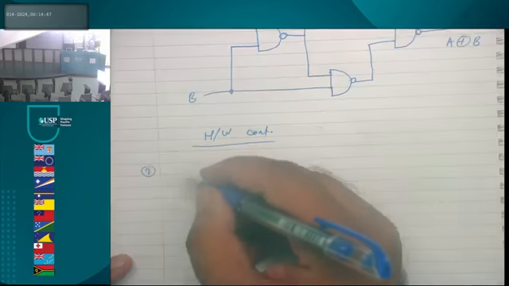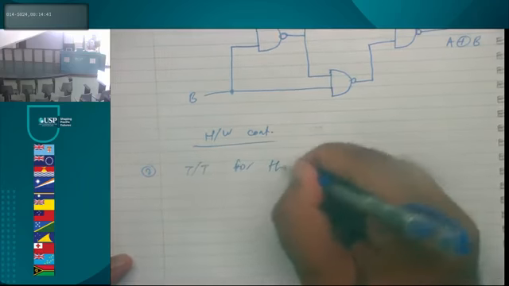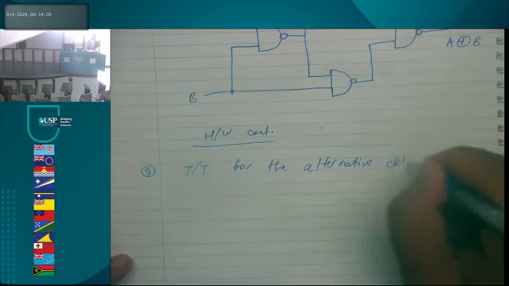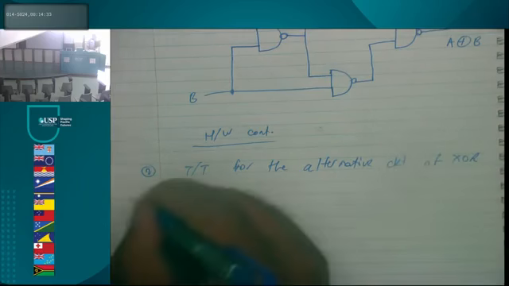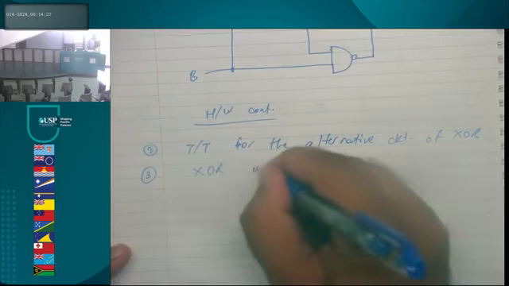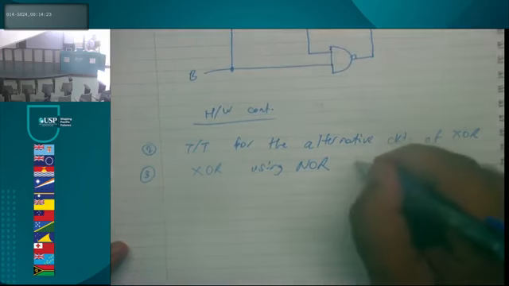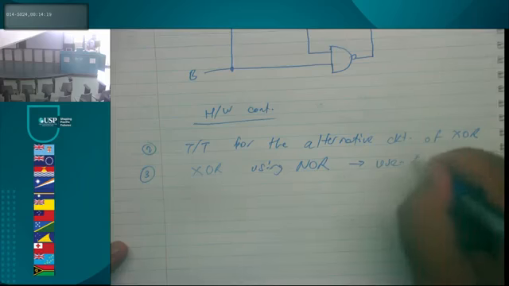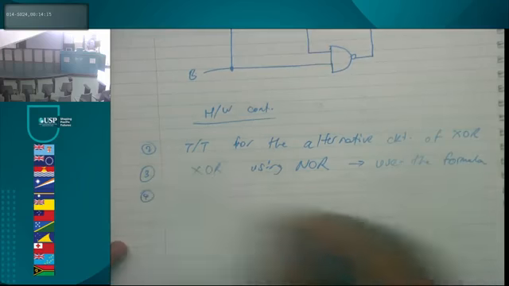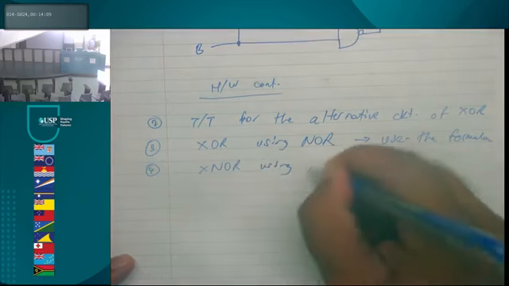Okay. So number 2, we've got to do a truth table for the alternative circuit of XOR. Number 3, I want you to build XOR using NOR. Use the formula or expression. Then I want you to do XNOR using NAND.